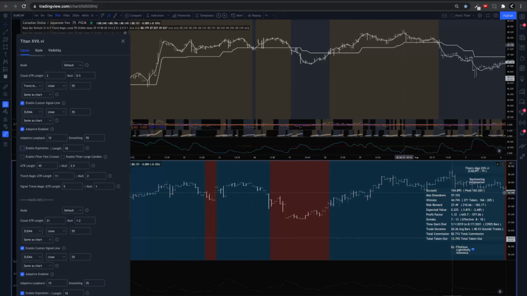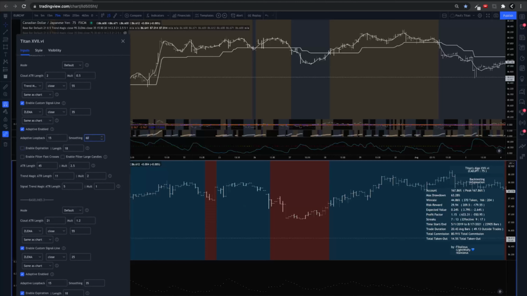154, 89. Nope, that's not as good. So 80, let's just try 60. Sometimes it is better if you go further, but we'll see. That is better. Yep, so 60 is better. Isn't that interesting? 80 is good, 70 is not as good, but 60 is actually better.